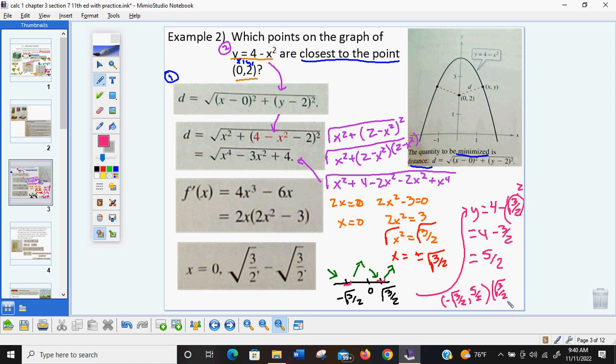Sorry, my handwriting is terrible on this one. Hard to do when you get to the very bottom of the tablet. Now notice that it's a tie. So we have 2 points that give us a minimum distance for that.